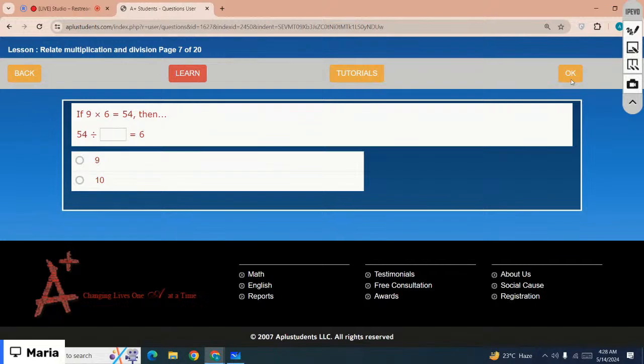Then 54 divided by what number equals 6? Yes, that is 54 divided by 9 equals 6.